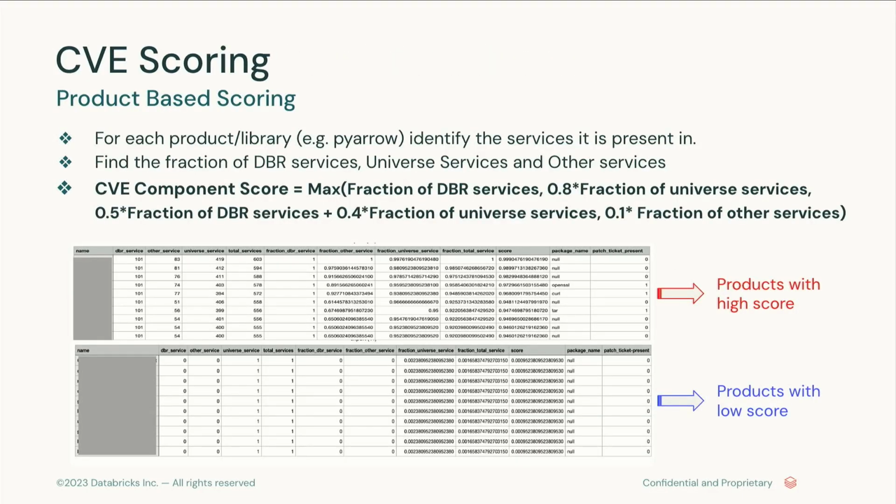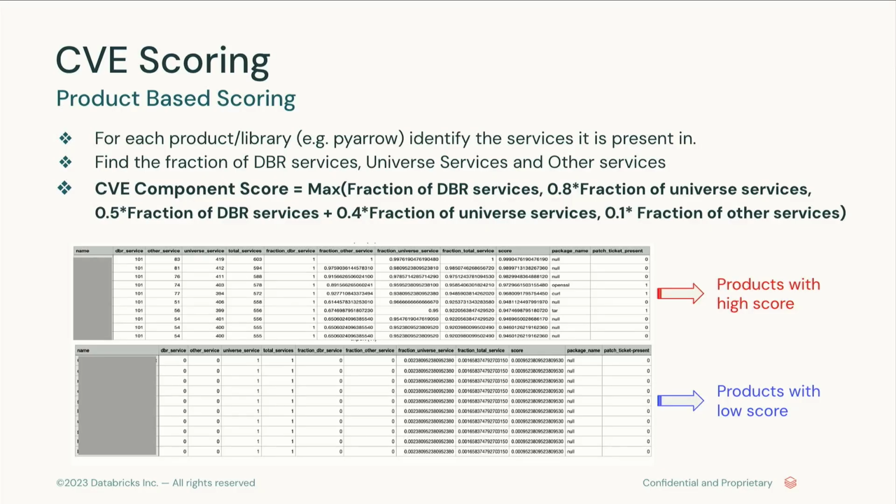So how do we score? Now, for a particular CVE, we know what libraries in our infrastructure are affected by it. First, we identify all the services it is present in. There could be some DBR services.